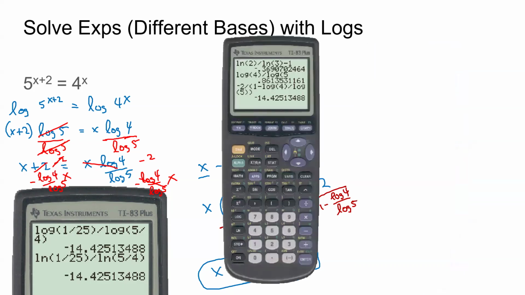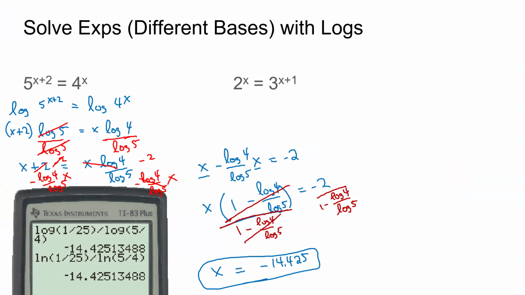Okay. We've got another one here, and it's going to be similar when you have these different bases. That makes things a little more cumbersome. I meant to go green here just to separate off. There we go. Okay.